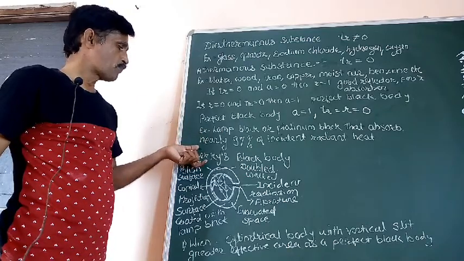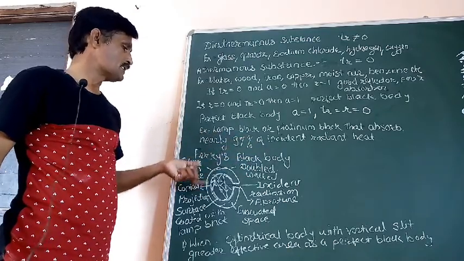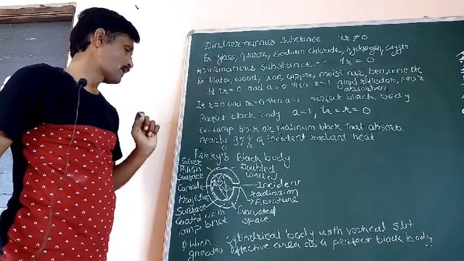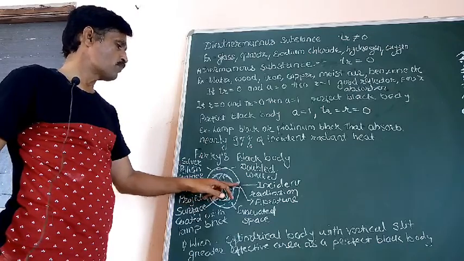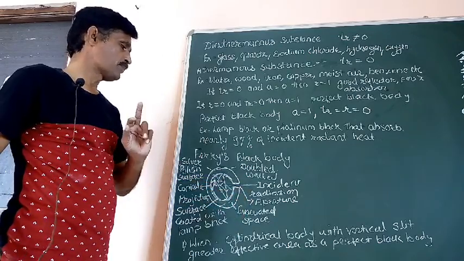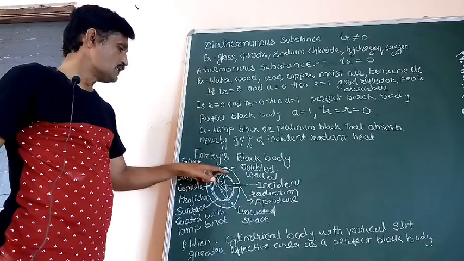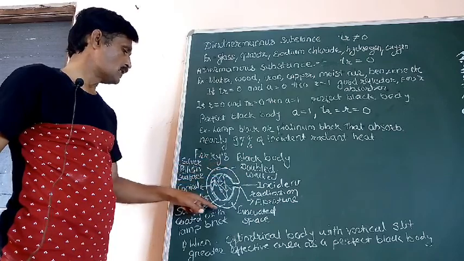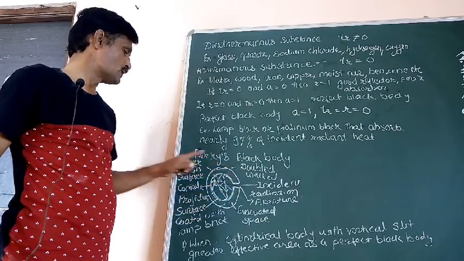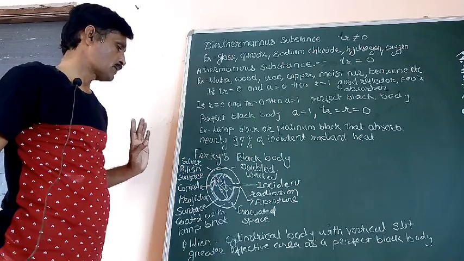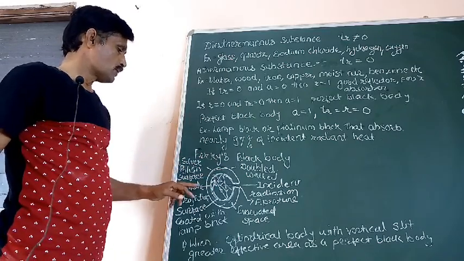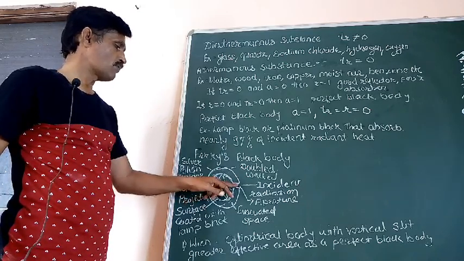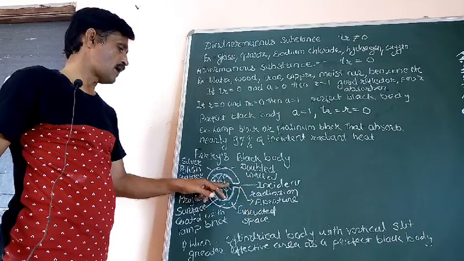Ferry's black body consists of a double wall hollow sphere having a small opening or aperture. The inner surface of the double wall and the outer surface of the hollow sphere are coated with silver polish. A conical projection is mounted in front of the small opening or aperture.